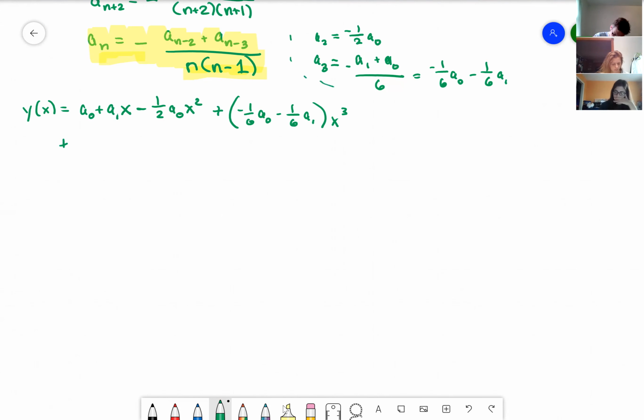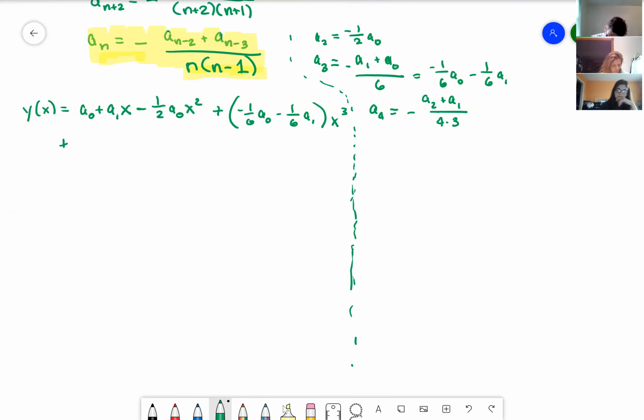Make a little division here between our work and our solution. a4, more clear. a4 is equal to negative a2 plus a1 over 4 times 3. There might be some cancellation.